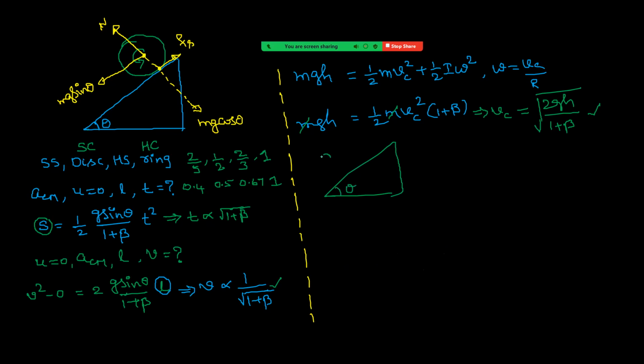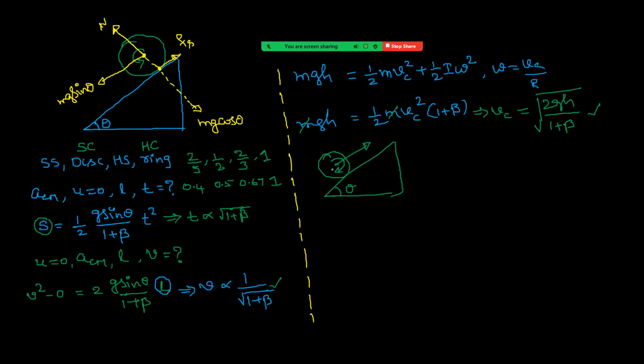Suppose a body is rolling up the incline. Now we can see when the body is rolling up the incline, omega keeps on decreasing.